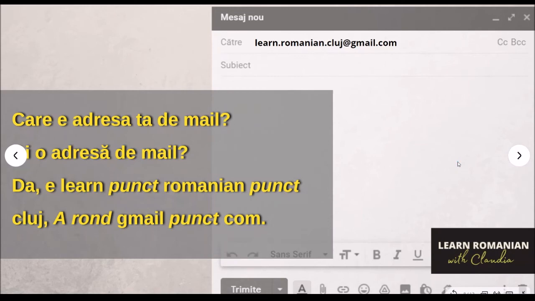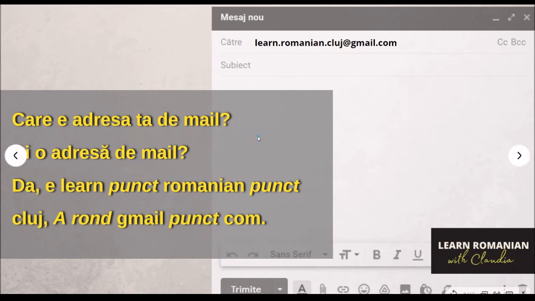How do you ask for somebody's email address? Again, you don't say what is your email address, because if you ask ce, that means you don't know what an email address is and you need a definition. So instead of what, you will ask which. Care. Care e adresa ta de mail? Notice this funny construction, adresa ta de mail.